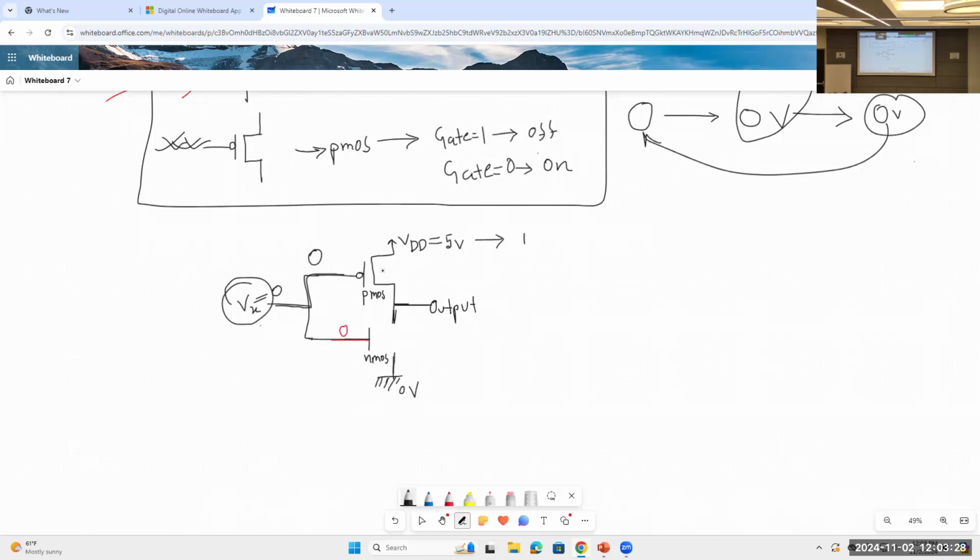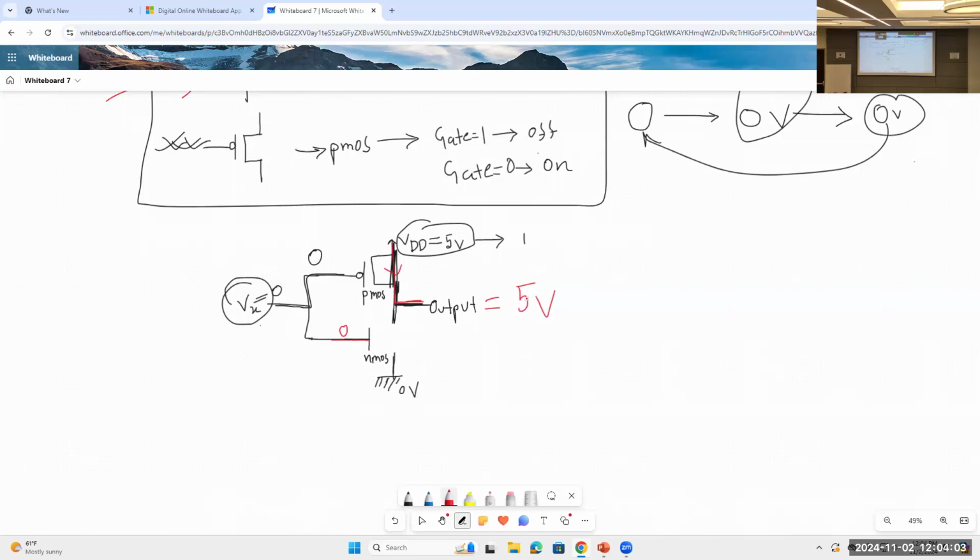Yes, because as I have told you, this is totally opposite to NMOS. If NMOS gets 0, it turns off, but in case of PMOS, it gets turned on, right? So this VDD will be connected to this output. So VDD will come to the output, so output will become 5 volt.